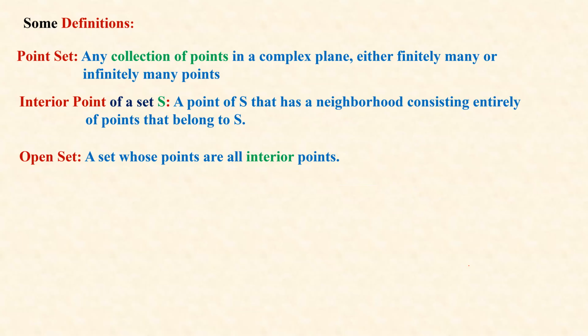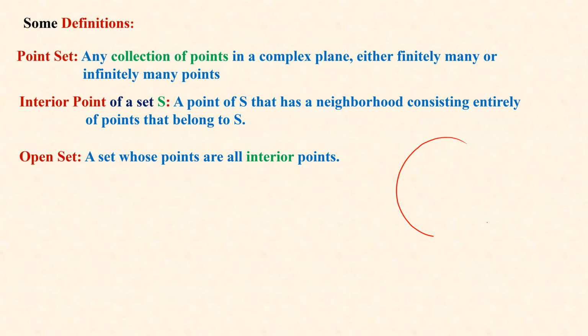So what is an open set? We said open disk before, which we call a neighborhood. An open set is a set whose points are all interior points. This means that every point in the set is an interior point of the set. It means that for every point that you take, there's a neighborhood, no matter how small, that has all its points entirely inside the set.